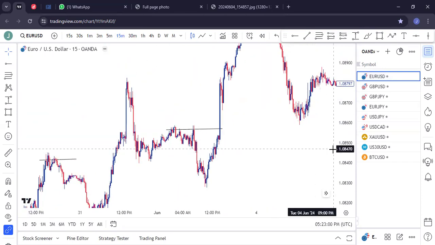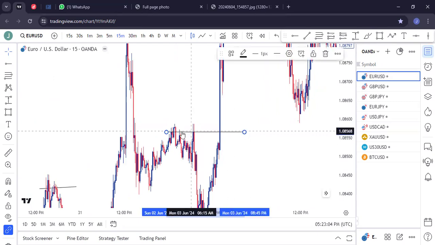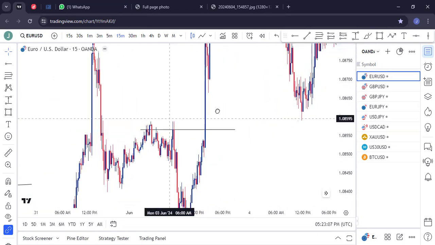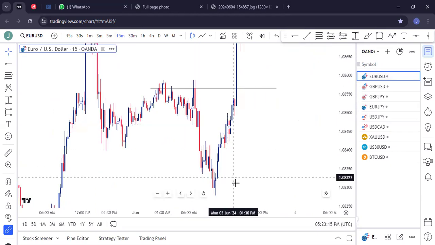So this was another entry here. As you can see, this was our liquidity engineering. The market took this liquidity engineering and went to the take profit.